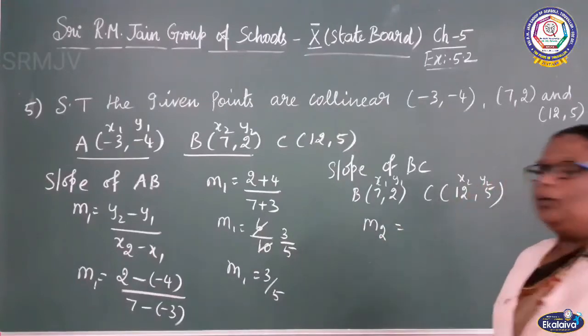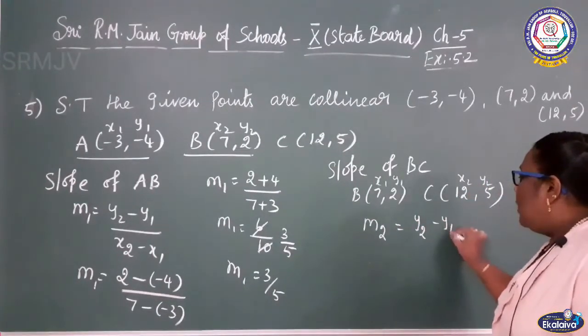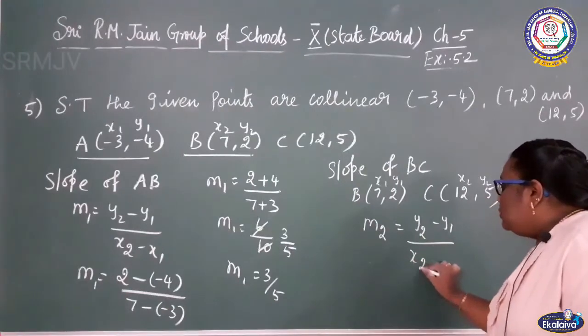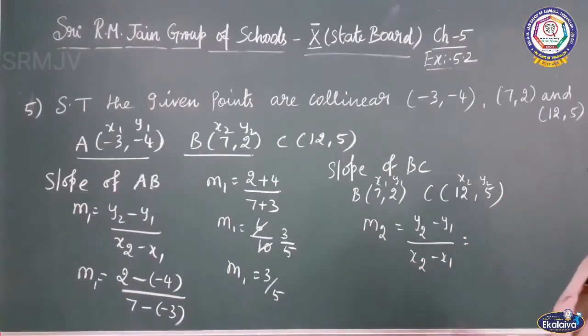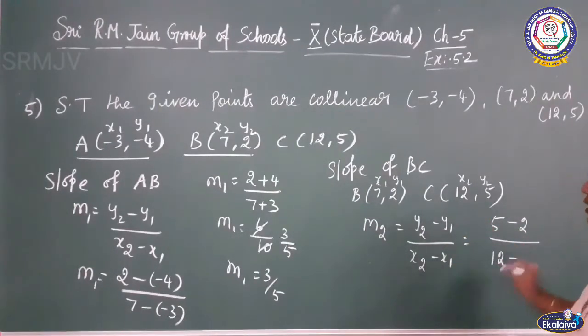M2 equals y2 minus y1 by x2 minus x1. So y2 is 5, y1 is 2, x2 is 12. What is the value of x1? 7.